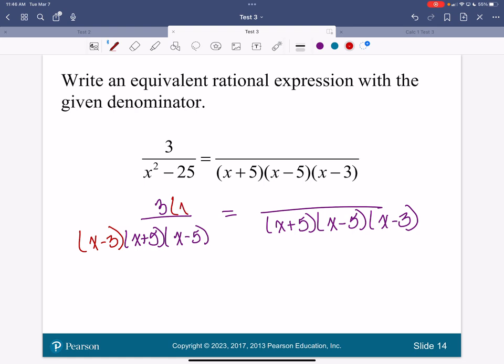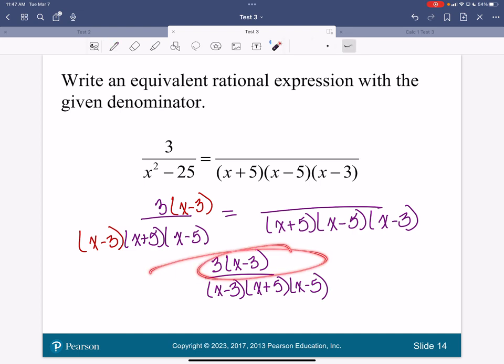Same thing. Okay? So my equivalent fraction here is going to be 3 times x minus 3 over x minus 3 times x plus 5 times x minus 5. Now, you will likely have to multiply this out so that we can add the numerators.